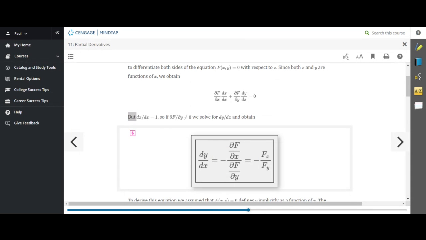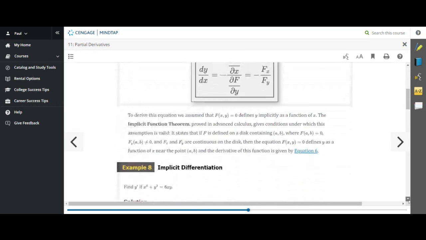So in calculus 1, when you did implicit differentiation, basically we've derived a formula to find dy/dx for an equation. But now you have a formula to handle that, by the fact that you know the chain rule for a function of multiple variables.